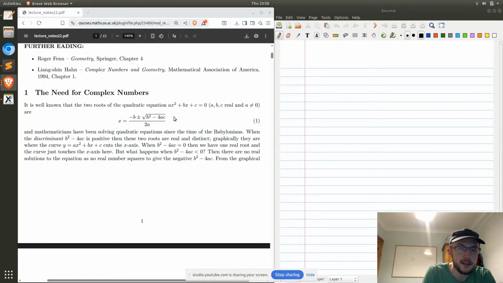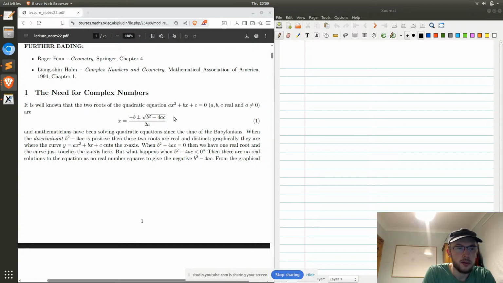Graphically, they are where the curve y equals ax squared plus bx plus c cuts the x-axis. When b squared minus 4ac equals 0, we have one real root and the curve just touches the x-axis here. But what happens when b squared minus 4ac is less than 0?